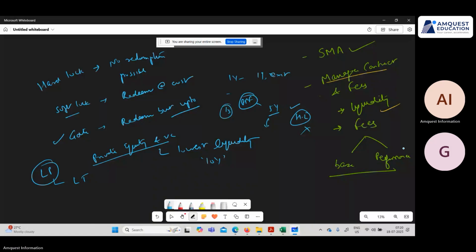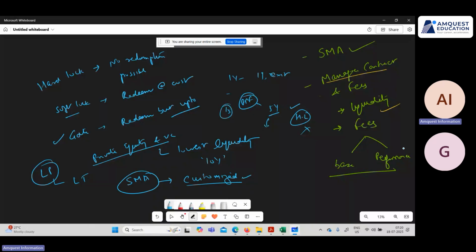Lastly, when it comes to SMA, I'm calling this product a customized product already. If it is a customized product, obviously the investor would know the need for liquidity with time. If you plan it well, you want to create a product that will allow you to redeem your money at the right time.